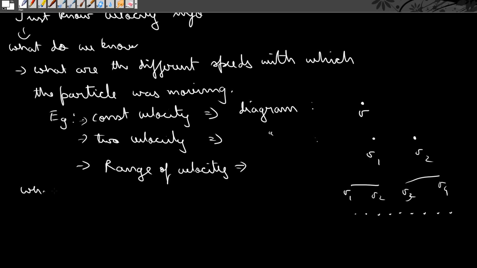What we don't know? By just knowing the velocity information, we will not be able to imply what are the different coordinates that the particle has visited. So we don't know the position of the particle.